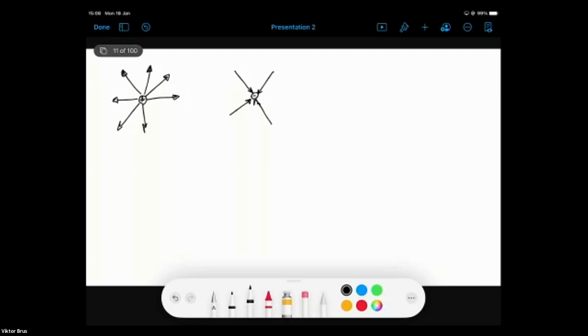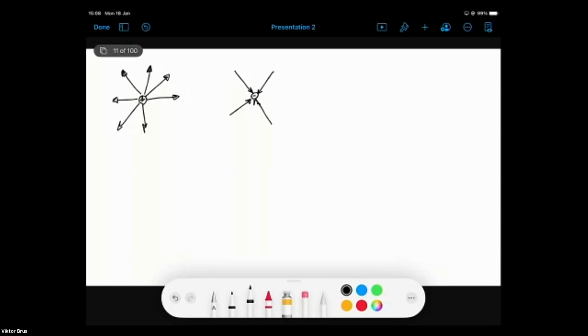And this concept is very useful not only to specify the orientation of electric field in space, but also the strength of electric field, because the concentration, the number of electric field lines which go through a surface perpendicular to electric field lines defines how strong electric field is in this area.